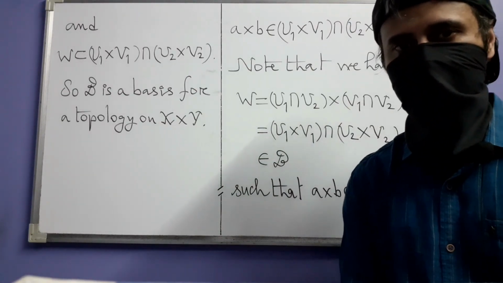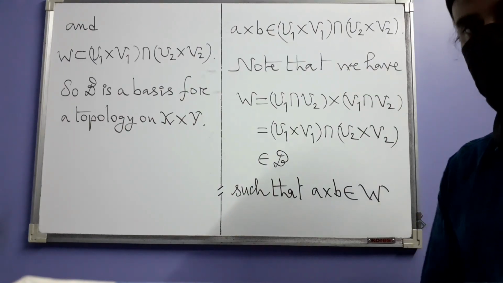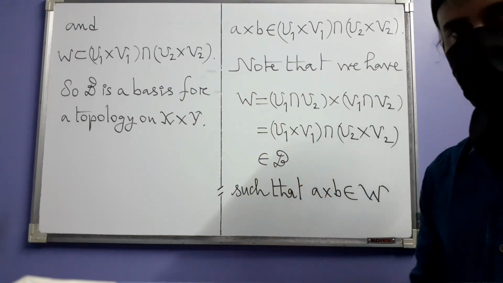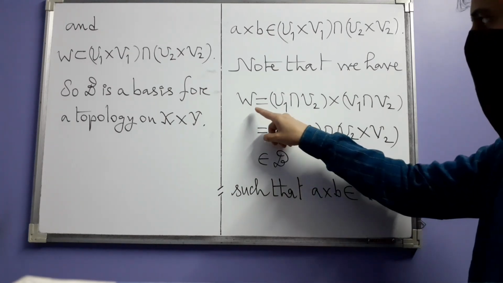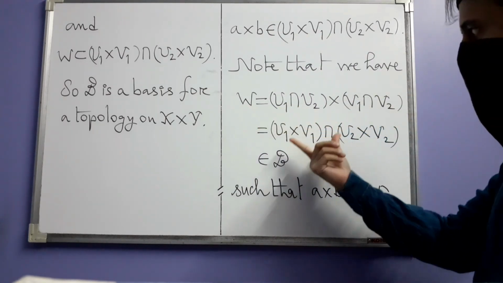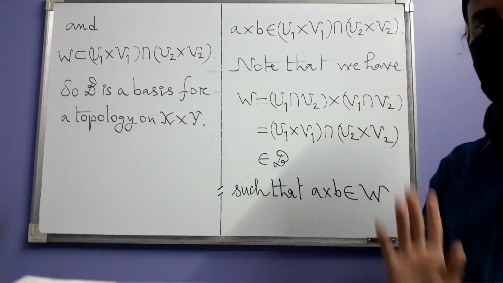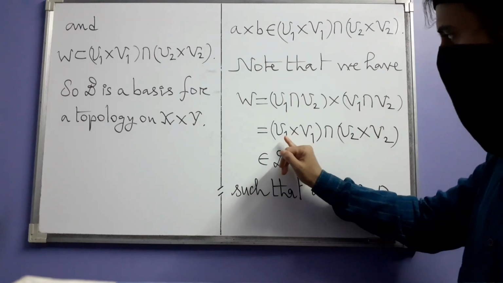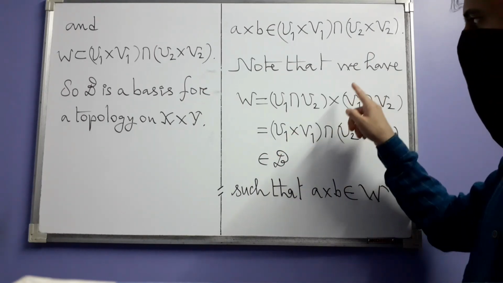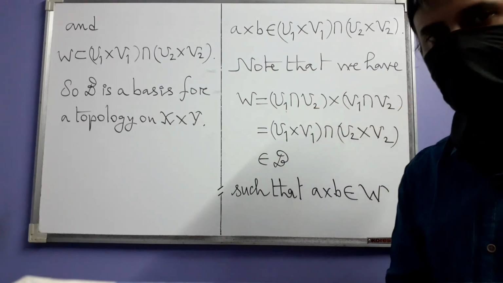And that third element very conveniently is this itself. We give it a name W so that we can say something about it. Now, we are actually calling this W, but it turns out that this intersection is this product. The intersection of U1 times V1 and U2 times V2 is the product of U1 intersection U2 and V1 intersection V2.